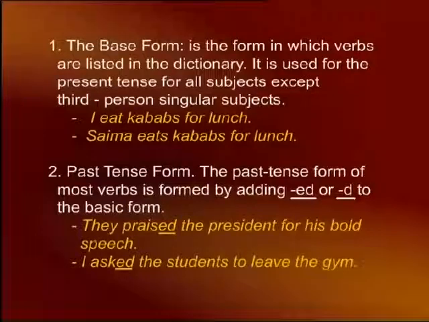The base form is the form in which verbs are listed in the dictionary. It is used for the present tense for all subjects except the third person singular subject. For instance, in the sentence, I eat kebabs for lunch. I eat.